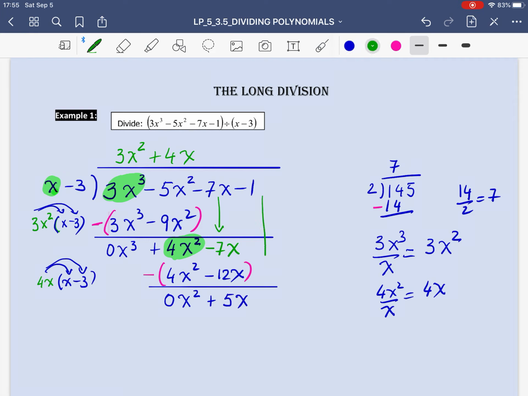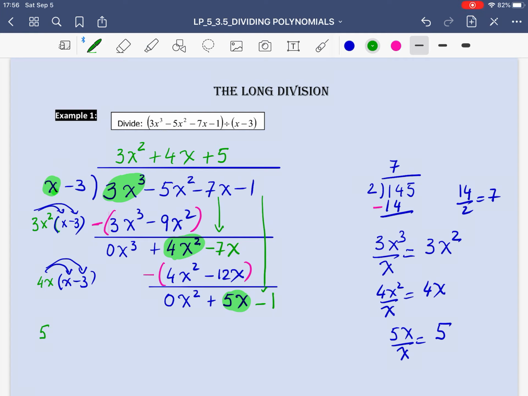Now it's time to bring down the last term, negative 1. And again, same thing. We're left with 5x minus 1 here. So we have to check and see how many times x goes into 5x. x goes into 5x, 5x over x, 5 times. So we're going to write 5 in here.